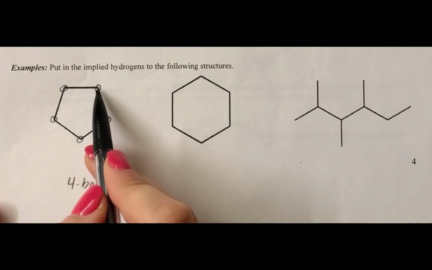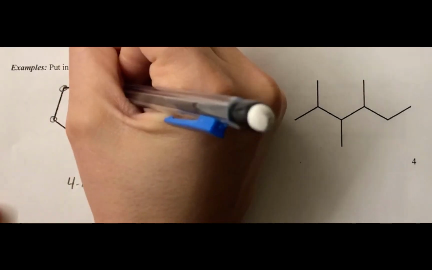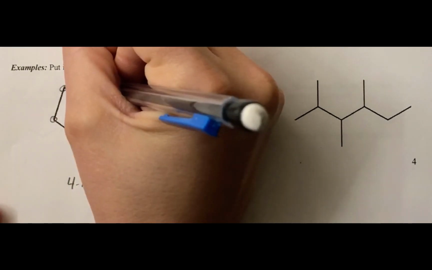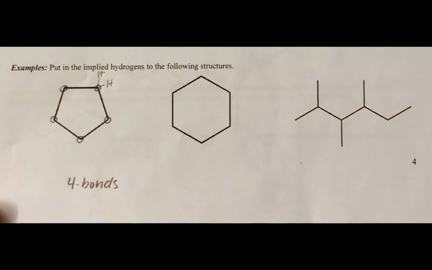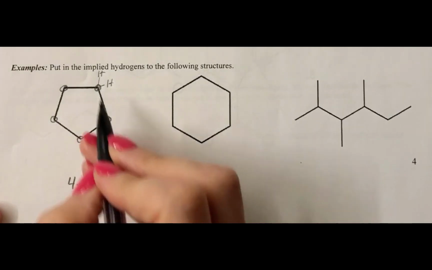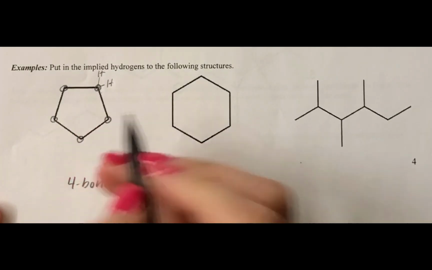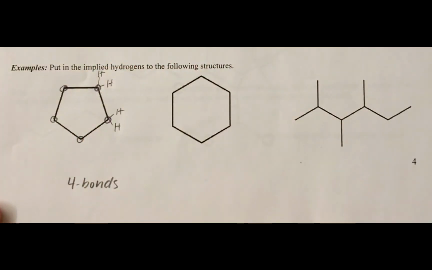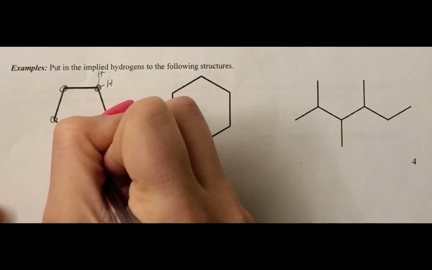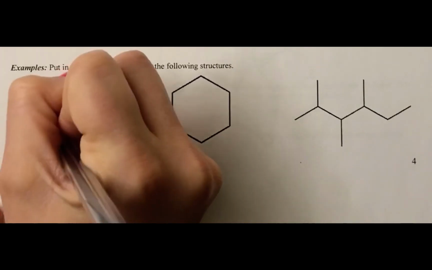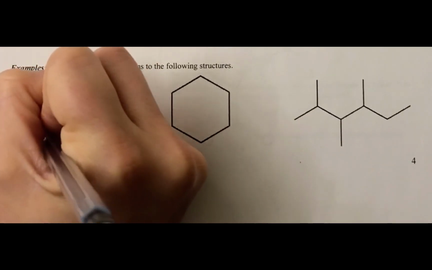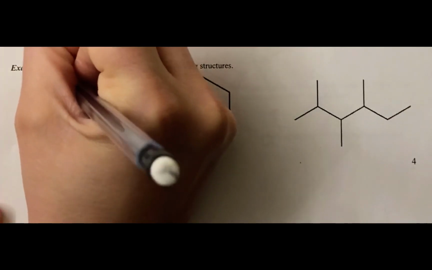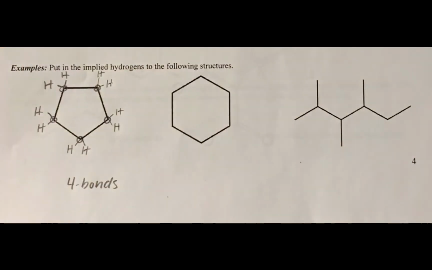So this carbon right now has 2 single bonds, which means I'll add a hydrogen and a hydrogen. This carbon has 2 single bonds, but it needs 4, so it's going to have 2 hydrogens attached to it. Every single one of these carbons has 2 single bonds to other carbons, meaning that each one of them is going to have 2 hydrogens attached.